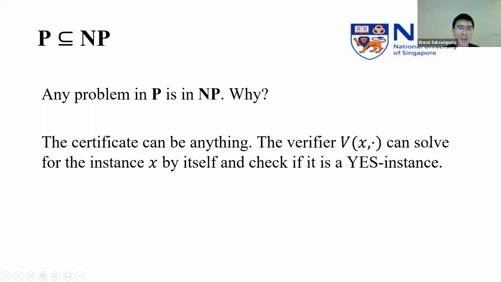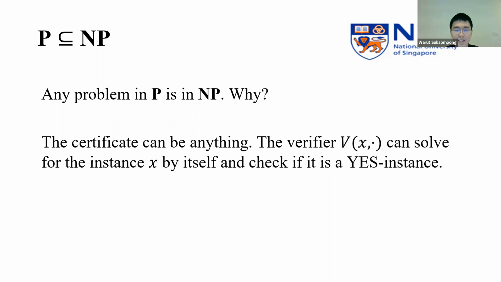Now, I claim that any problem in P is also in NP. So any problem like sorting, minimum spanning tree, longest common subsequence, is also in NP. Why is that? Well, that's because the certificate can be anything. If you have a problem in P, then the verifier doesn't even need to bother about the certificate.